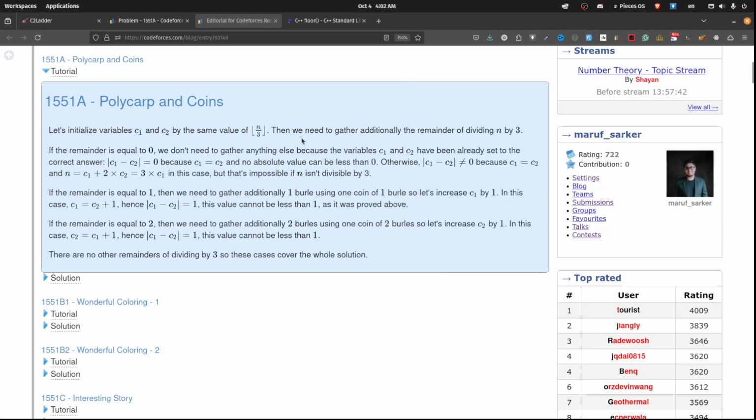Then we need to gather additionally the remainder of dividing n by 3. If the remainder is equal to 0, we don't need to gather anything else because the variables c1 and c2 have already been set to the correct answer.